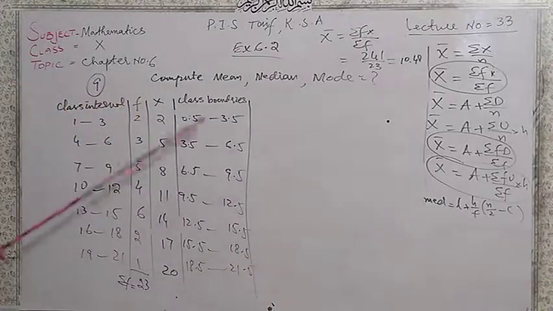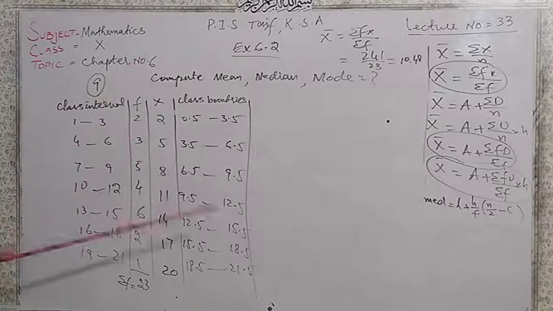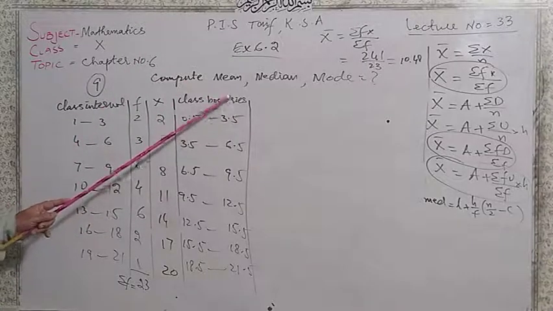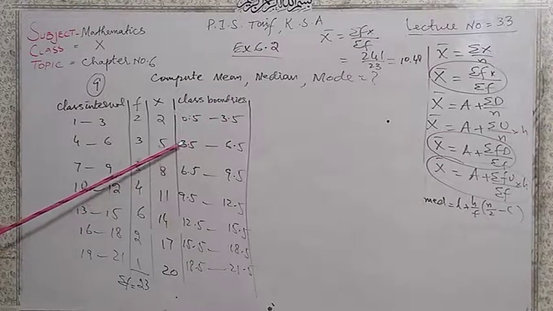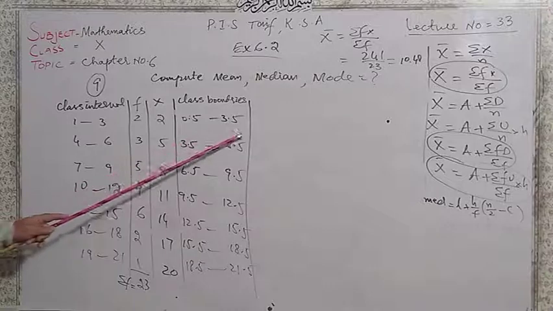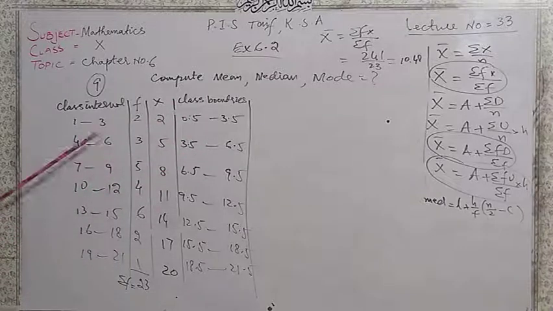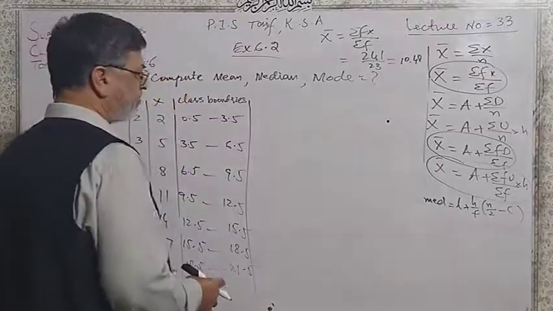Remember that these are the class boundaries, and the sign of class boundary is that the upper limit of one class interval is repeated as the lower limit of the next. Same number will be repeated, there is no gap, whereas in the class limits there is a gap of 1, 3 and 4. So this is the sign of your class boundaries.